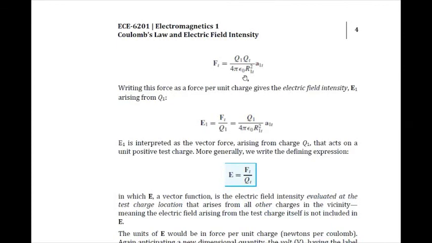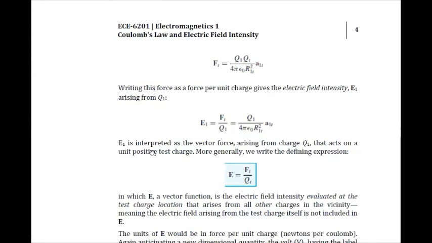Nabago lang siya kasi yung iba yung value ng magnitude. Writing the force as a force per unit charge gives the electric field intensity. Okay, ito naman ang formula ng electric field intensity natin, that is yung force over yung Q. Force T over QT equals Q1 over 4 pi epsilon sub O R1T squared, then A1T.